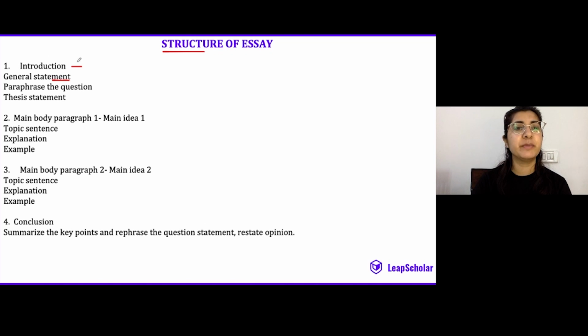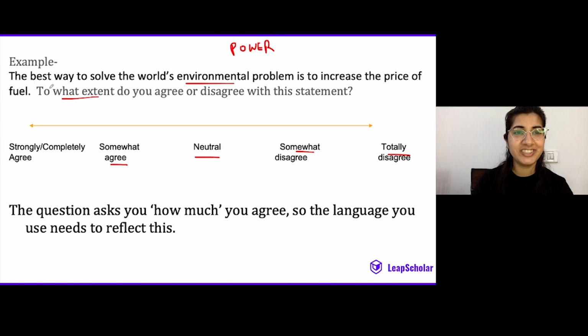After this, your sentence number 2 needs to paraphrase the question. Paraphrase the question simply means you take the question, the prompt, and you rephrase it using synonyms. Let's do it together.